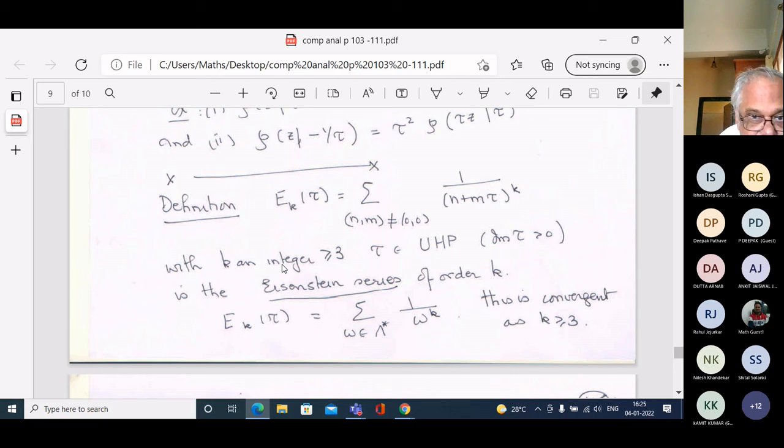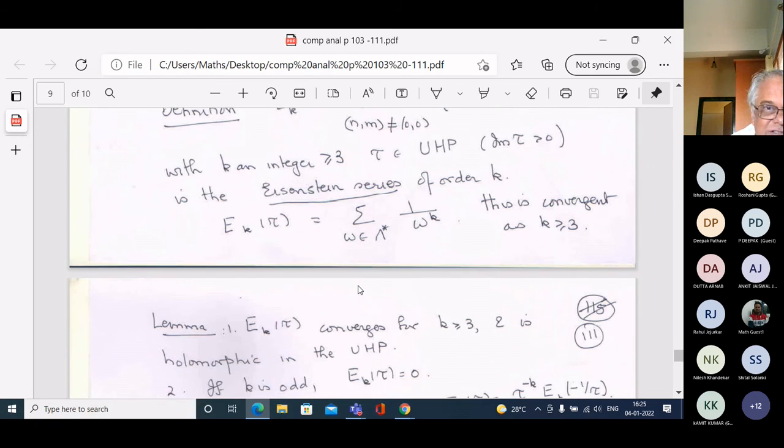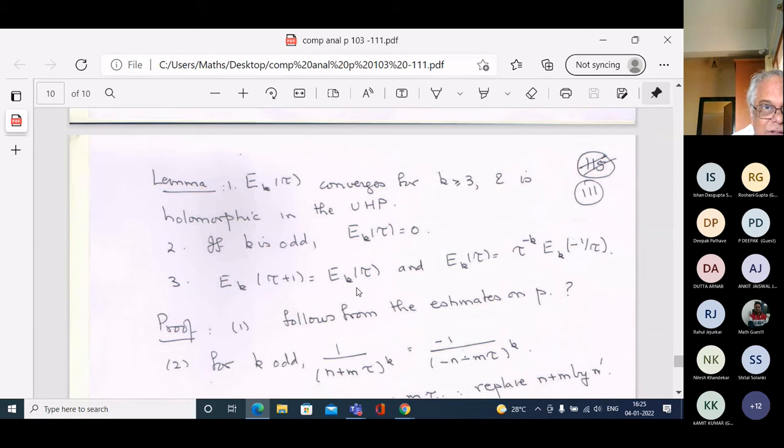This is called the Eisenstein series of order k. At least you must have heard this name before. And you've heard the name Eisenstein before in any case, but you may have heard of the name of the Eisenstein series. This converges. It's holomorphic in the upper half plane.